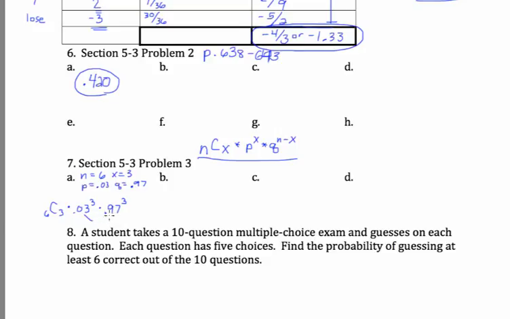These two numbers should always add up to be 1, because it's the probability of the event happening and not happening. And these two numbers should always add up to be n, which they do. So then I'll just put this into my calculator. I get 0.0005.